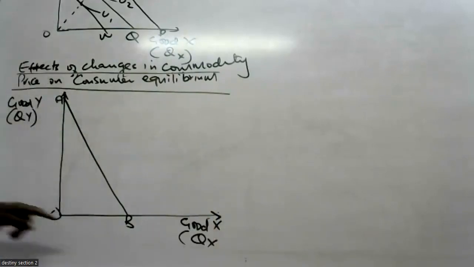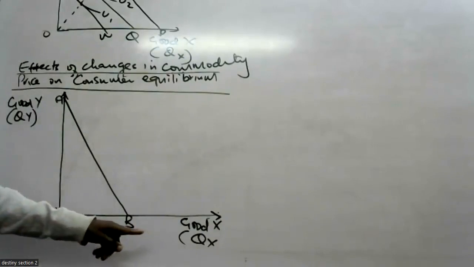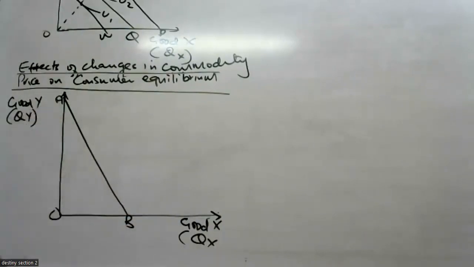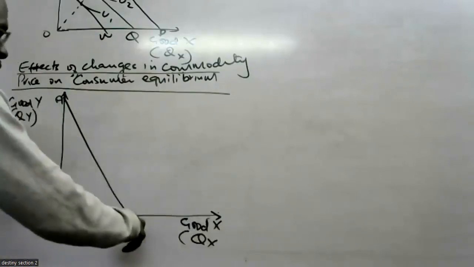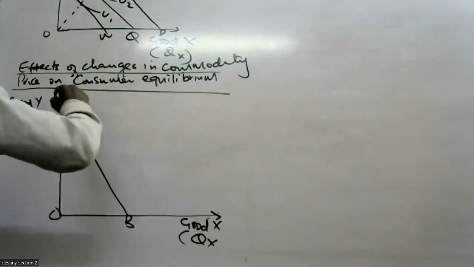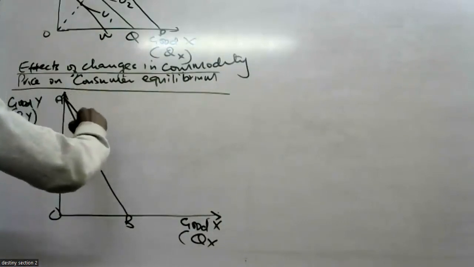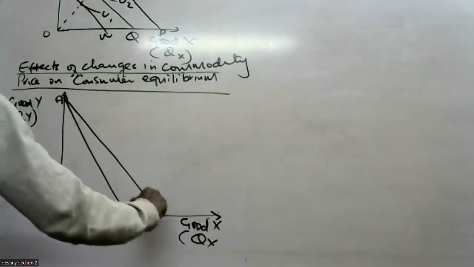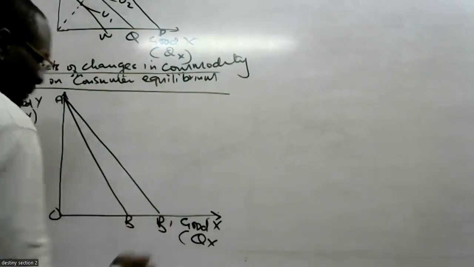For example, if the price of commodity X falls, the budget line AB will pivot. It will open to get more quantities of X at the bottom. So it will pivot to the right like that, to another position called AB prime.